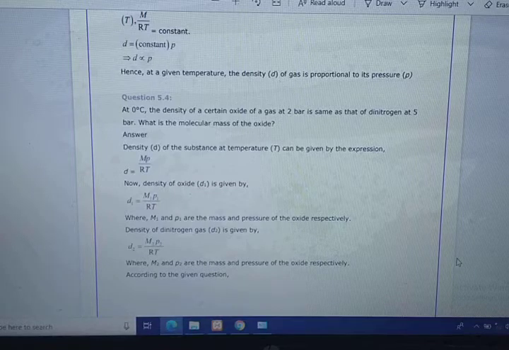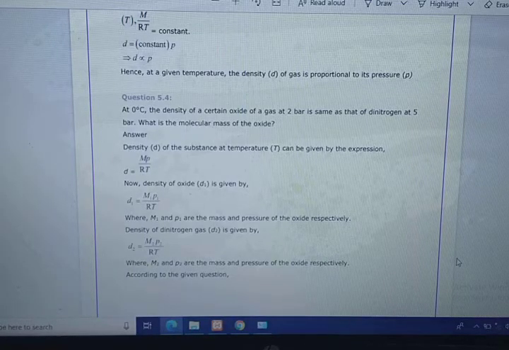Here the density of the substance at temperature T is expressed as d = MP/RT. The density of the oxide is d1 = M1P1/RT, where M1 and P1 are the molar mass and pressure of the oxide respectively. The density of nitrogen gas is d2 = M2P2/RT, where M2 and P2 are the molar mass and pressure of nitrogen respectively.